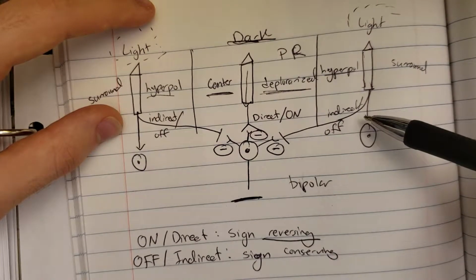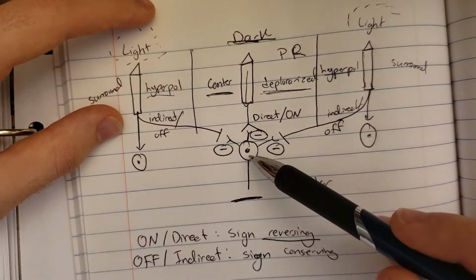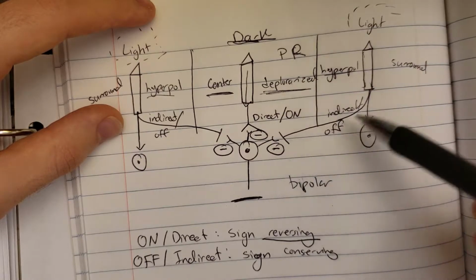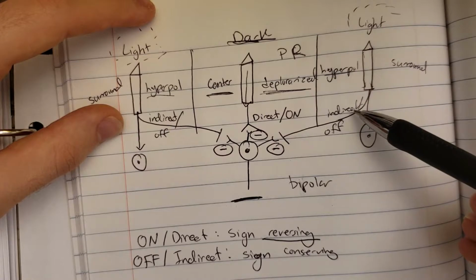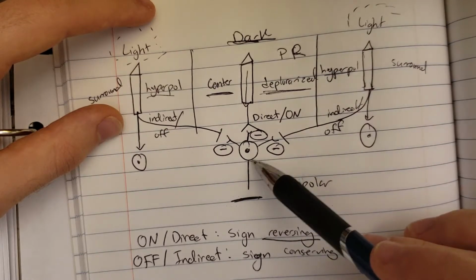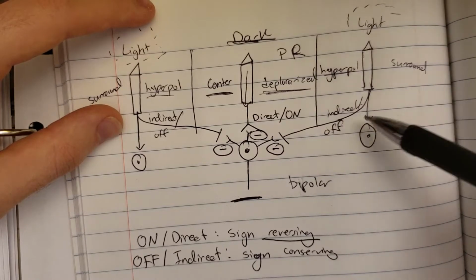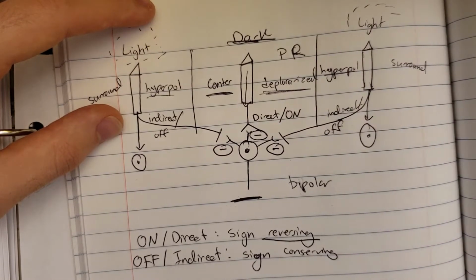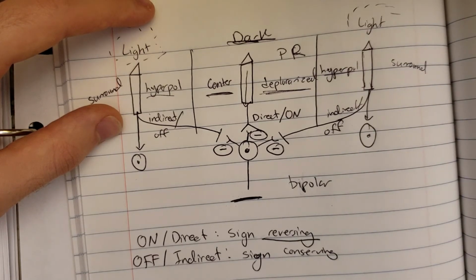The indirect pathway means that it's not direct, it's an offshoot to a different bipolar cell, that it synapses, not the one directly below it, it's a different one, it's an offshoot. So this bipolar cell relative to that photoreceptor is an off bipolar cell. You think of it being off the path. It's not on the path, it's off the path. And that means that it's sign conserving.